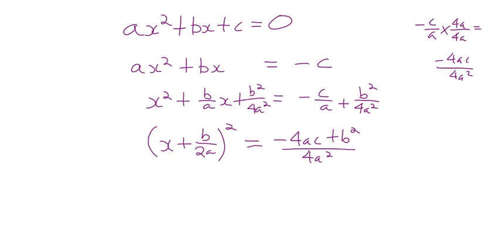This method is the same as this, only I got a negative there, so I'm going to flip this around. We take the square root, we get b over 2a, and plus or minus the square root of b squared minus 4ac.